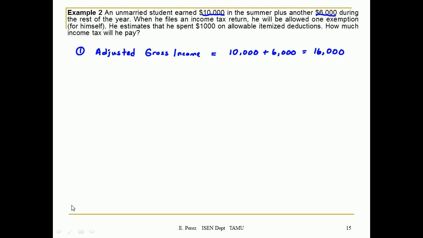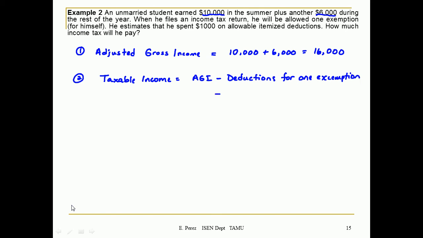Now, using the adjusted gross income, you can compute the taxable income. The taxable income will be equal to the adjusted gross income minus the deduction for one exemption minus the standard deduction.